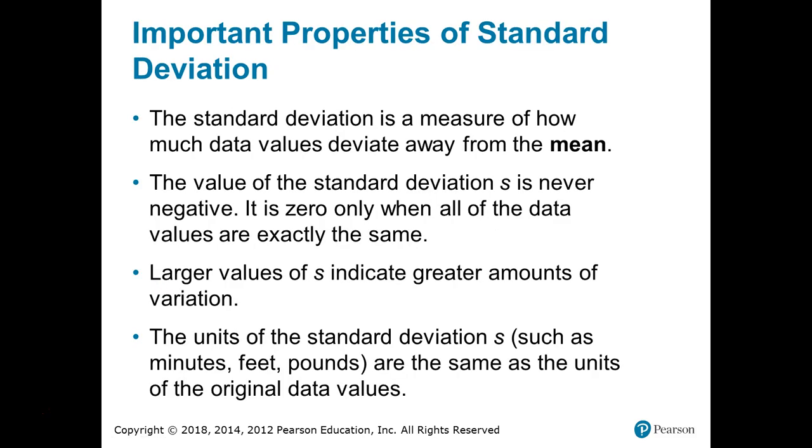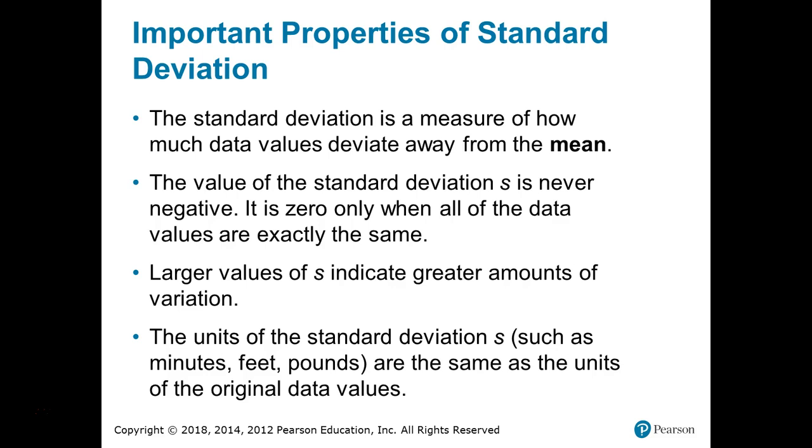So, important properties of standard deviation. It measures how much data values deviate from the mean. It is never negative. The lowest it can be is 0, and it's only 0 when all of the data values are exactly the same, meaning there's no deviation.